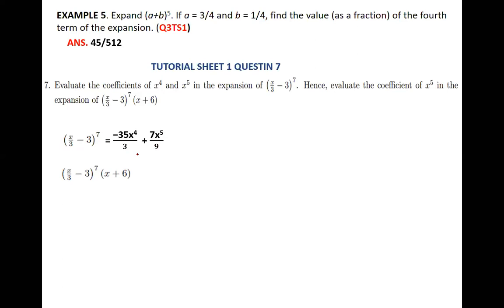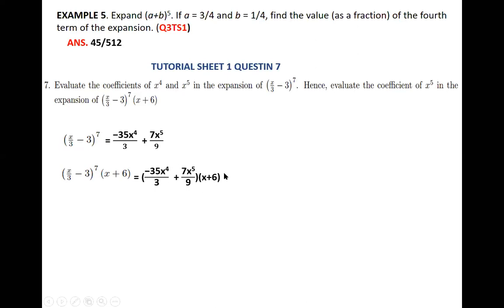Then from there, you multiply this times that. You're multiplying this x plus 6 times what you found here. So this is what I did here.